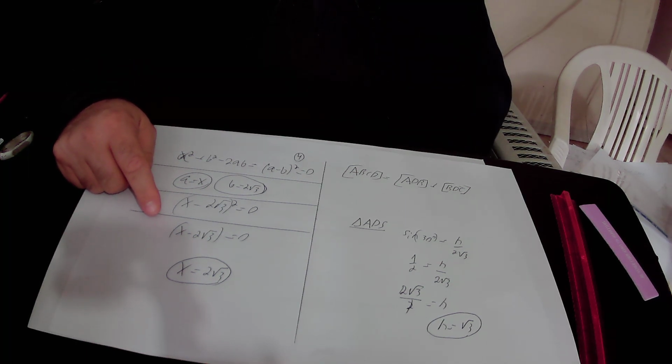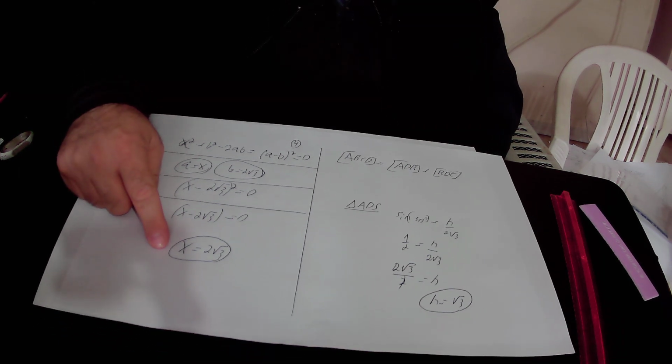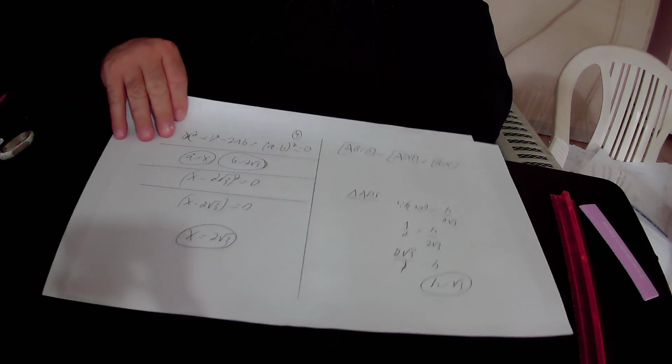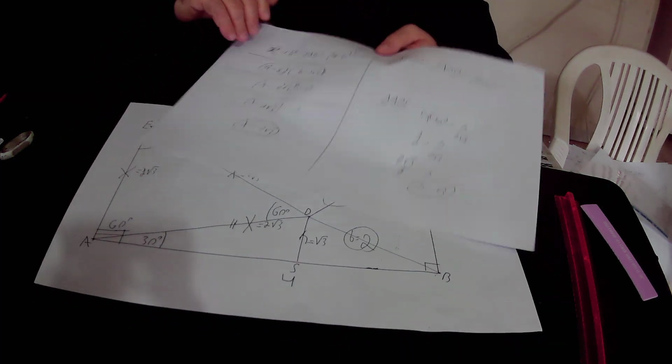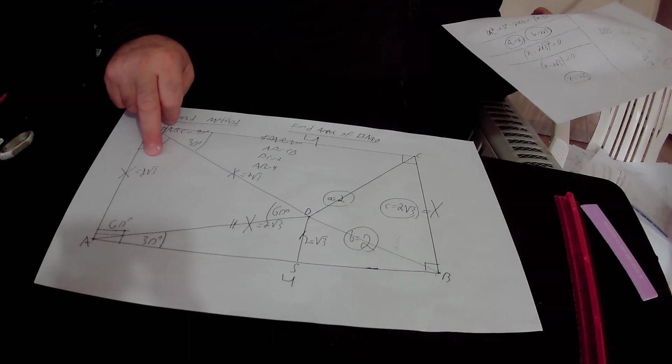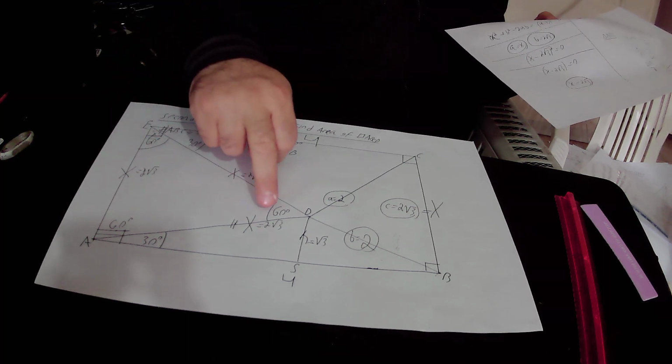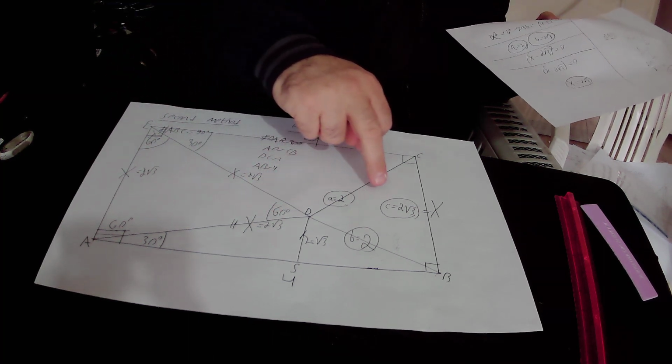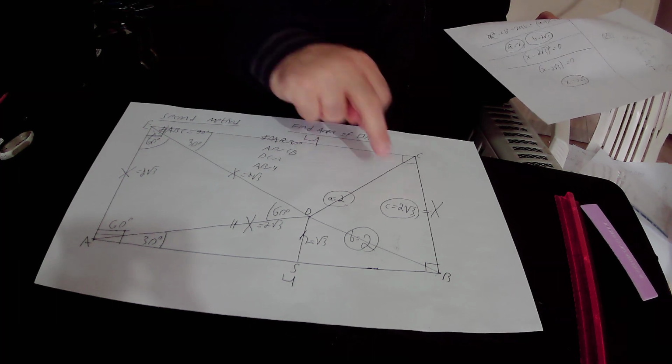We added 2 times square root of 3 to both sides and got x equals 2 times square root of 3. So here also x equals 2 times square root of 3 units, and here also x equals 2 times square root of 3 units.